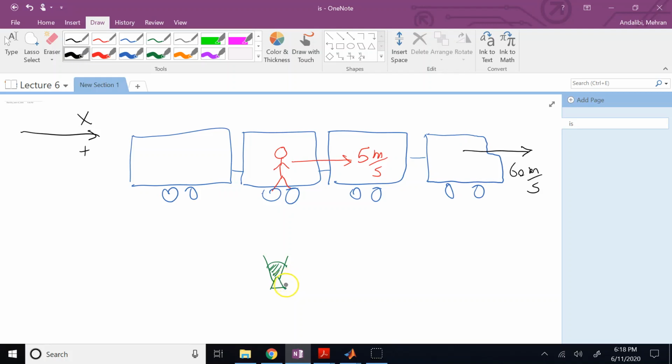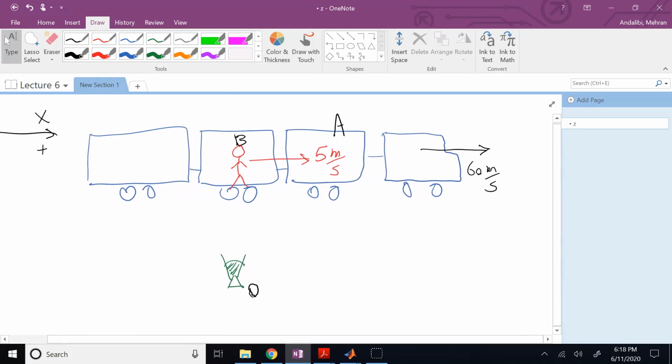This one that is fixed and not moving is the same as point O for me. Then the object of interest is this person, so this person is B. And the one that is moving, and I have a measurement with respect to, is the train, and I call it A. Okay, so it is quite self-explanatory.